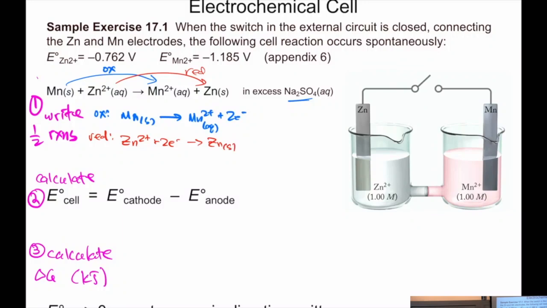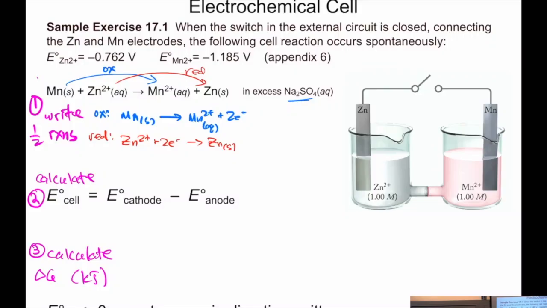Okay, that's good. Now we need to calculate E naught of the cell. So we go to our table and we have to look at, remember, E naught is a reduction potential. It's not an oxidation potential. This part of this chapter is probably the most confusing to everyone, just because you have to figure out what's happening at the cathode and what's happening at the anode, and when do I flip it and when do I not flip it.